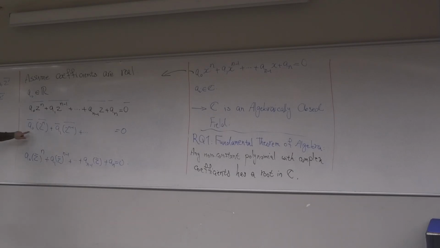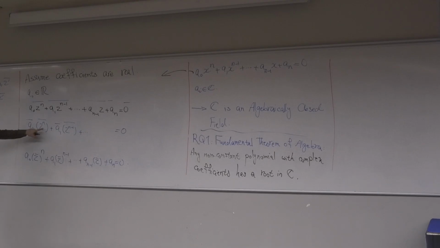Now, this a_0 is a real number. When we are conjugating a real number, what do we get? The same thing, right? The conjugate of real numbers are the same thing. So this is going to be a_0, as we have it here. Conjugate of this one is a_0.